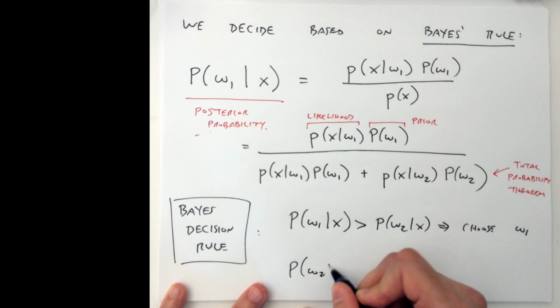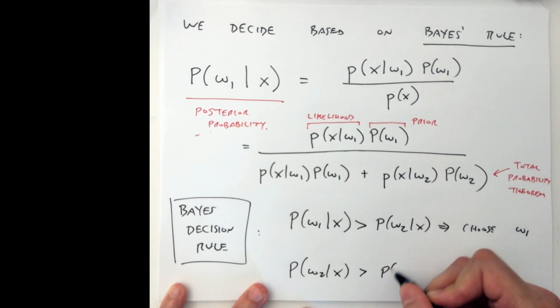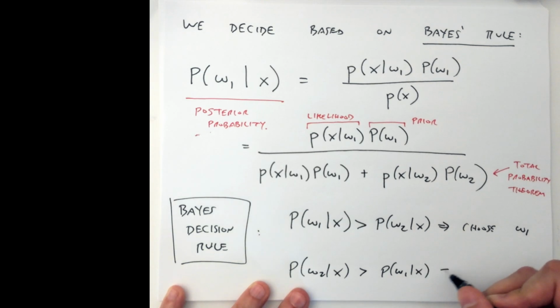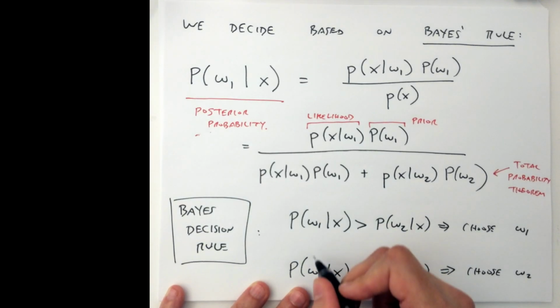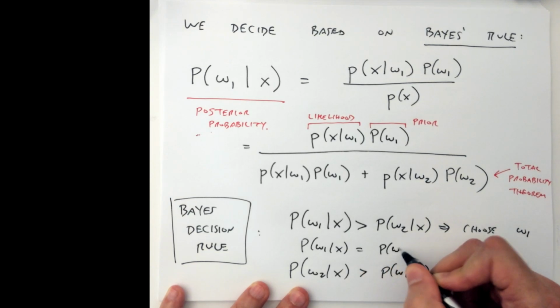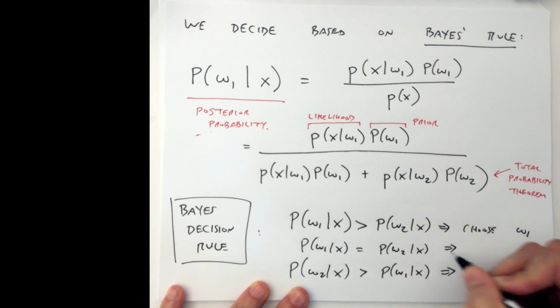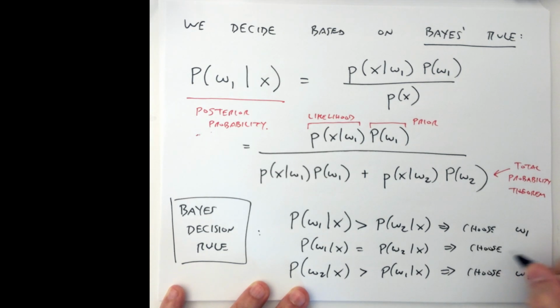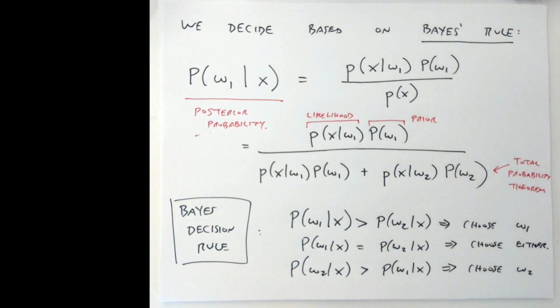If this thing is the other way around, then I choose omega 2. And if on some off chance they're equal, it doesn't really matter, I just choose either. All I'm doing is taking whichever one is bigger, okay?